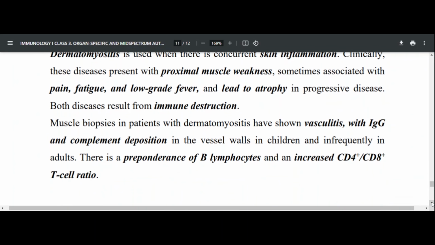What you will find here is at least IgG antibodies and complement deposition in the vessel wall and in the skin, as well as the preponderance of B lymphocytes and increased CD4 cells in those areas, skin, and other tissues affected by polymyositis.